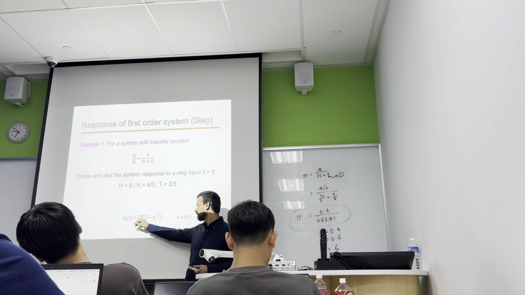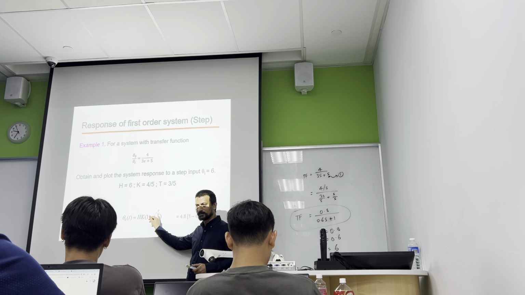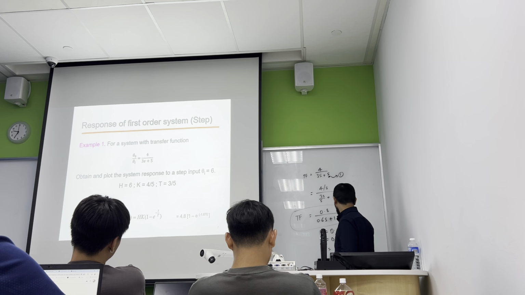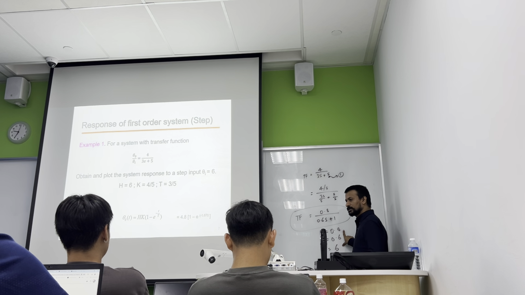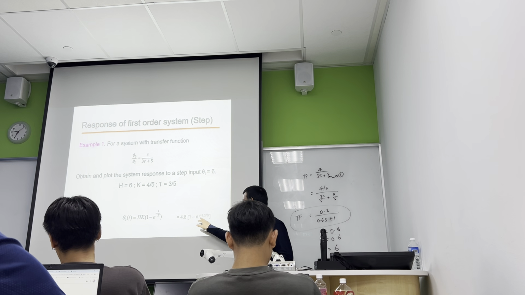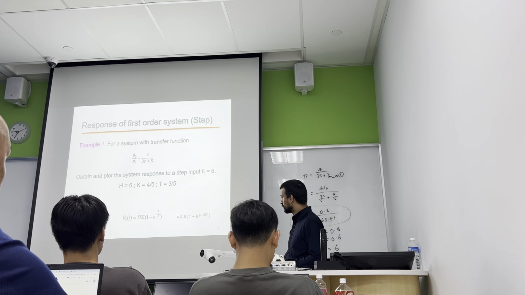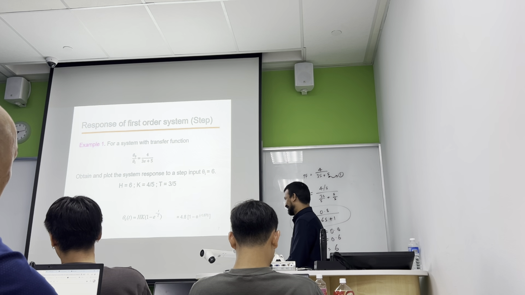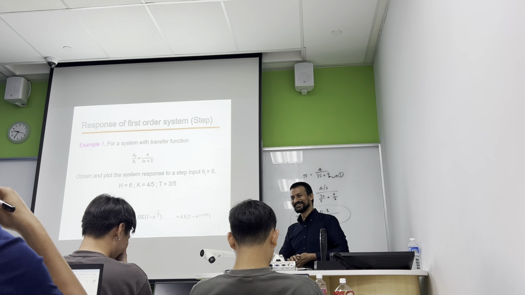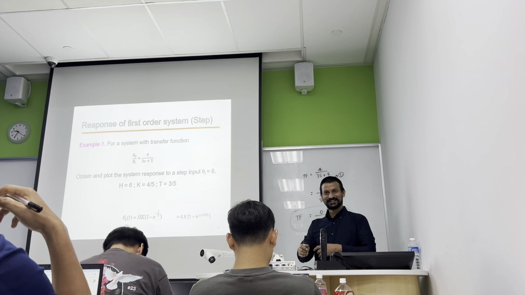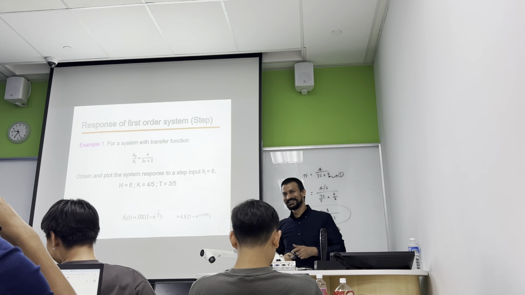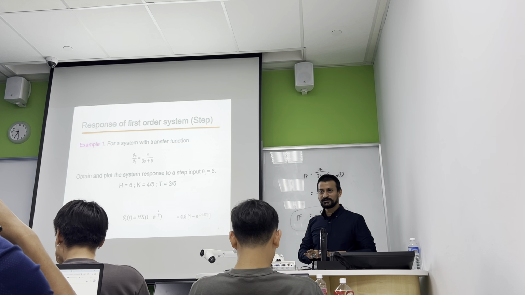So you have h, k, and capital T. K times h is 0.8 times 6, so 4.8, and 1 minus e to the power of minus t over 0.6. Not 0.4, it's 0.6, basic calculation mistake. This is very simple and I shouldn't make mistakes here. Just mere substitution only.